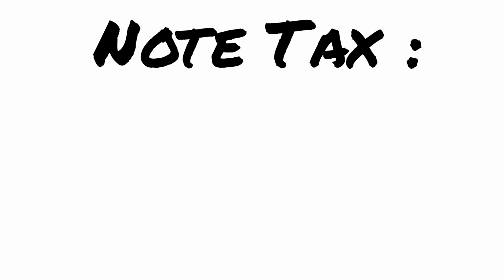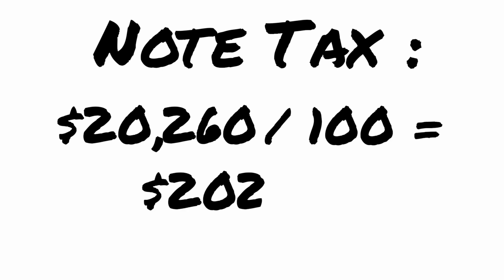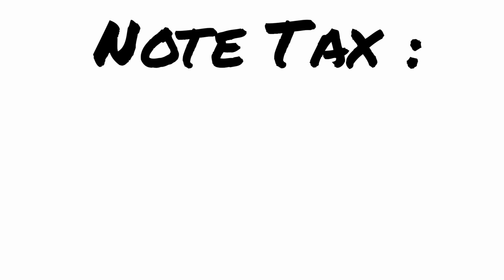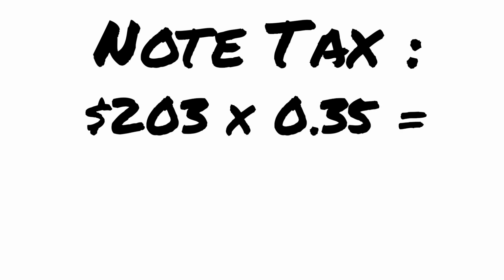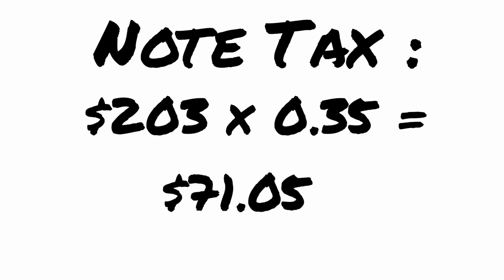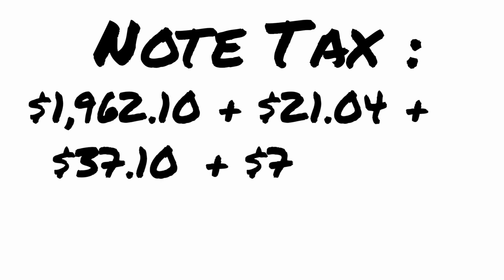For the assumed mortgage, we will take the amount of $20,260 divided by 100 equals $202.60, which we will then round up to $203. For the tax amount, we will take the $203 times 35 cents, which equals $71.05. We will then add all of these together for the total taxes due.